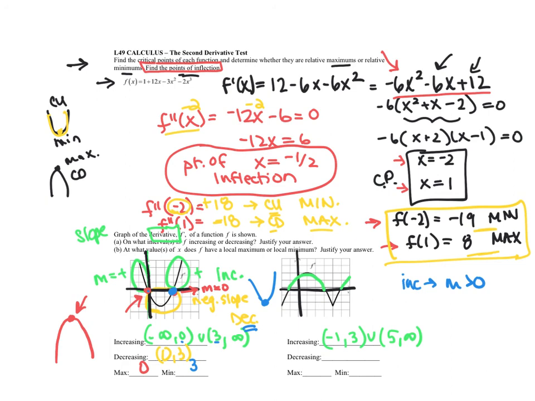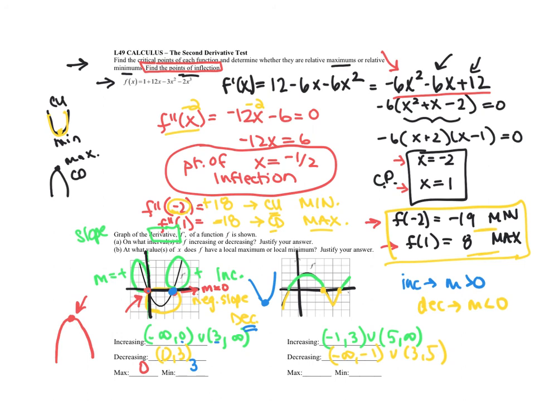And the decrease part is the part that's below, so here and here. So it's decreasing from negative infinity to -1, and also from 3 to 5 is also a decrease because the slope is negative.